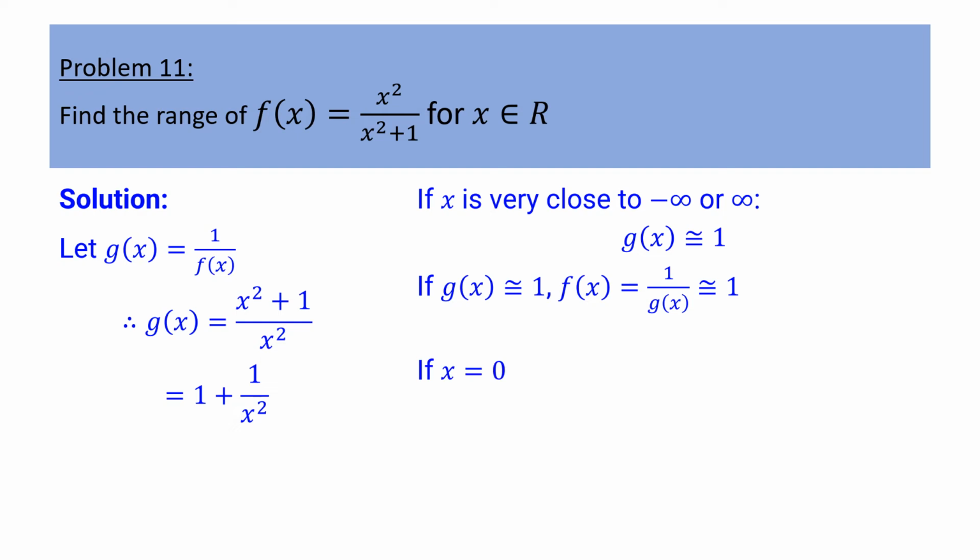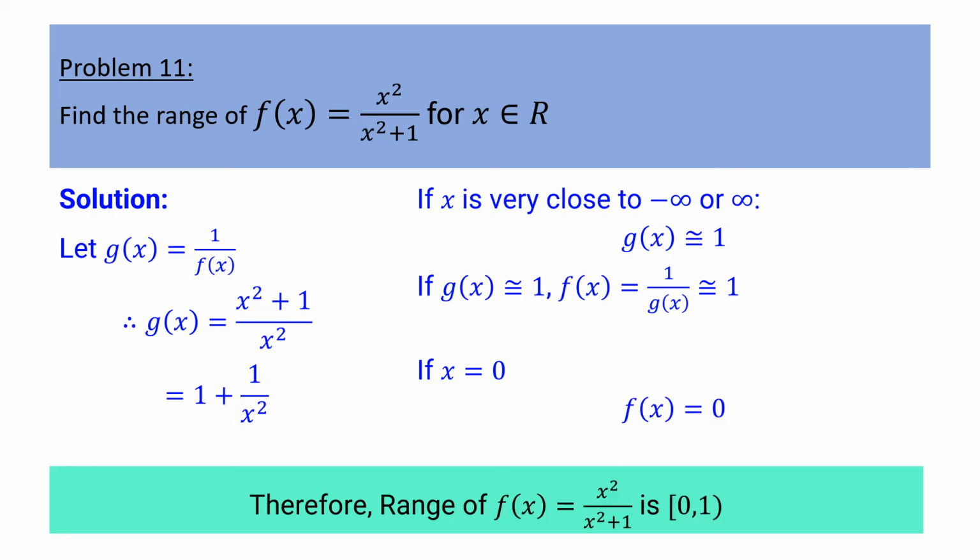Also, from this function we can see that if x equals 0, f(x) will be equal to 0. Therefore, the range of this function f(x) equal to x square by x square plus 1 is the interval [0, 1), which is closed in 0 and open in 1.